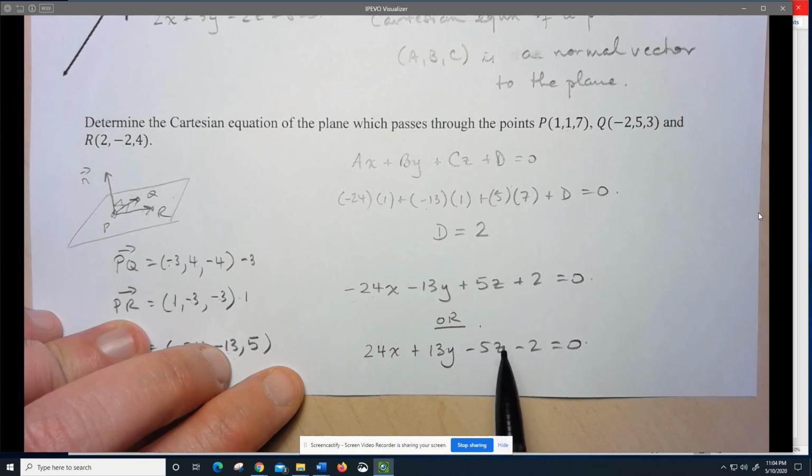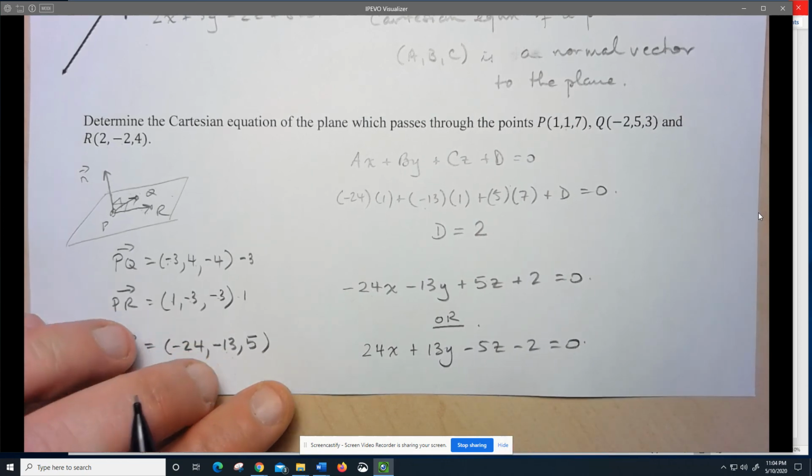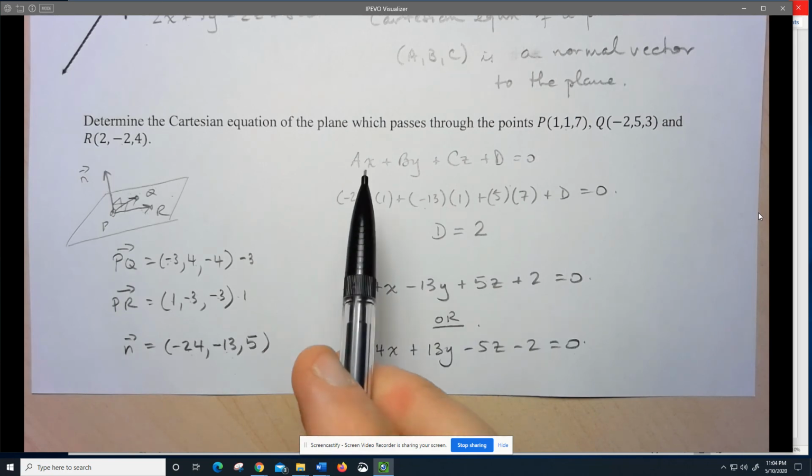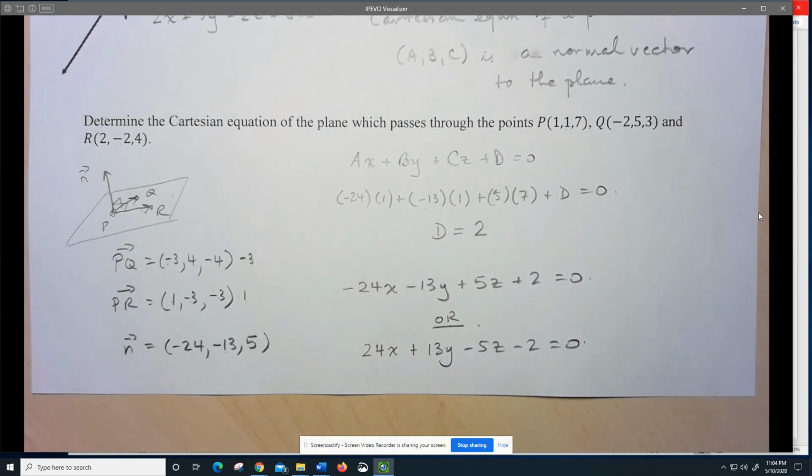And of course, nothing stops you from writing the constant term, bringing it to the other side of the equation. That's also acceptable. So now we see that we have two ways to describe the equation of a plane. This is going to be the one that we're likely going to use more often. So the last video is just going to be some further examples. That's it for this one.